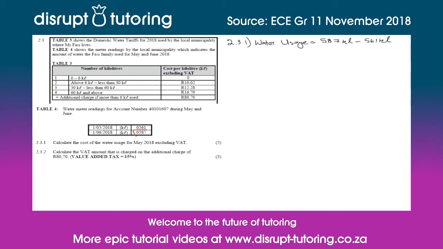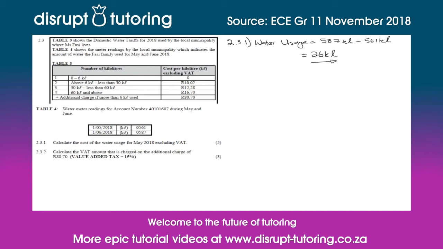Again, we get those numbers from here, and we put this into our calculator. 587 minus 561 is 26 kiloliters. Okay, so that's our total water usage.